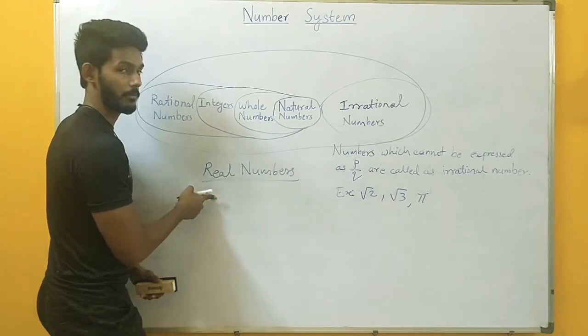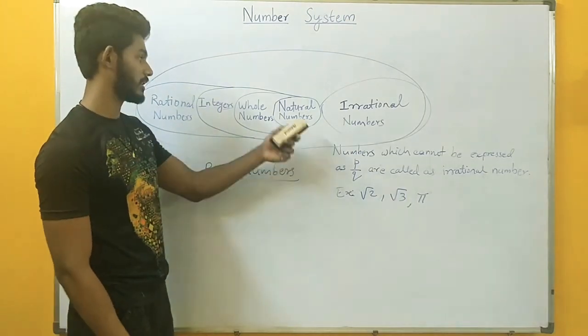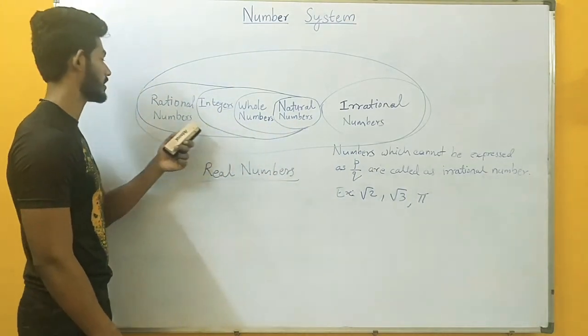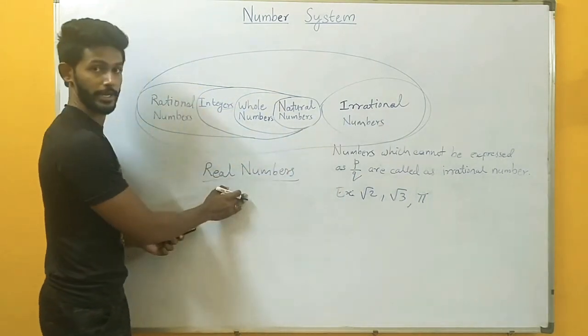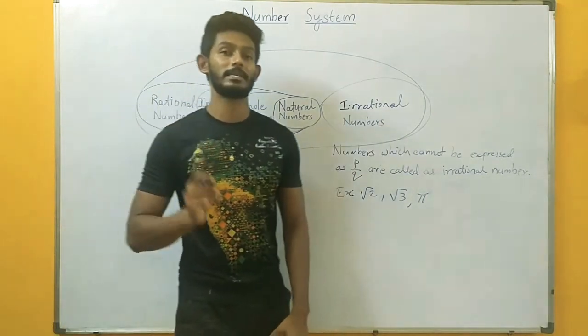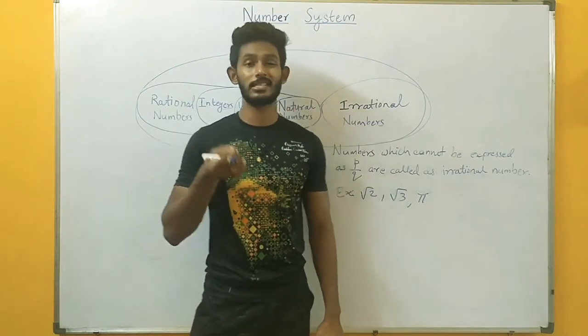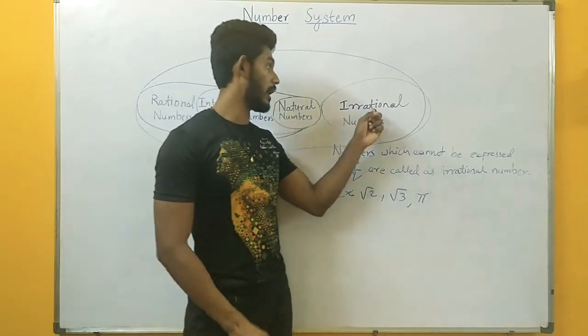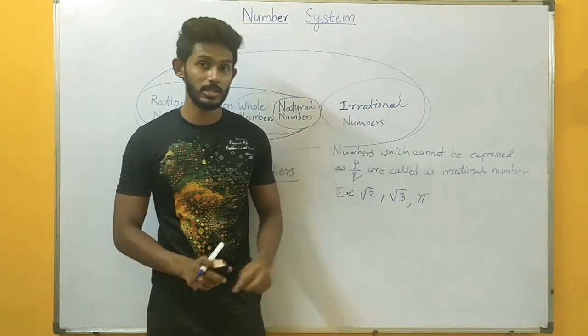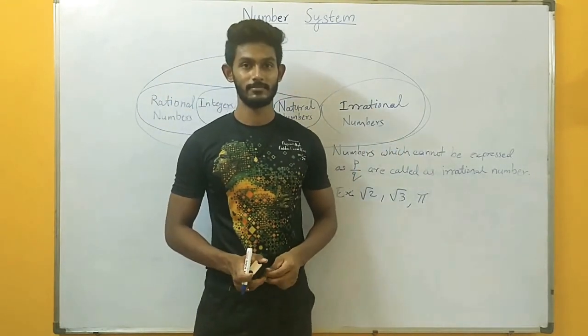So the real numbers are the numbers in which natural numbers, whole numbers, integers, rational numbers and irrational numbers are also included. We all have learned to represent natural numbers, whole numbers, integers and rational numbers on the number line. So now we are going to learn how to represent irrational numbers on the number line.